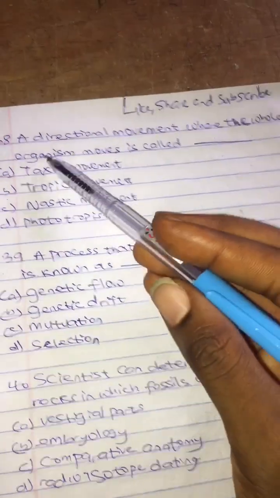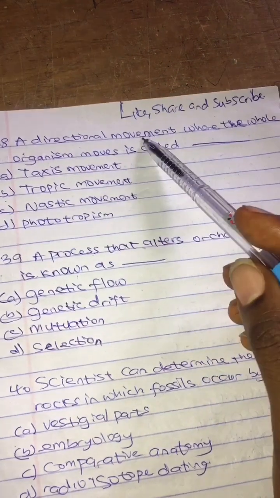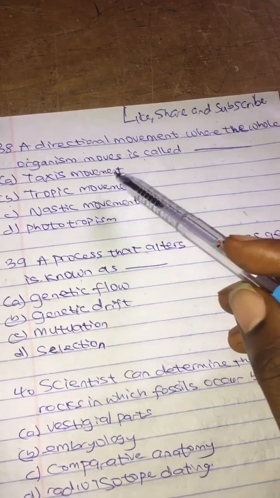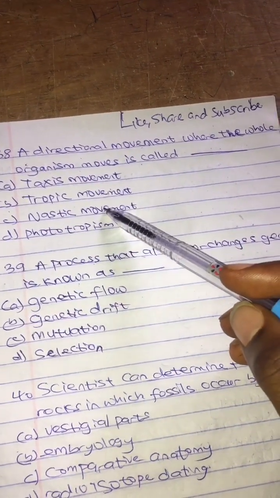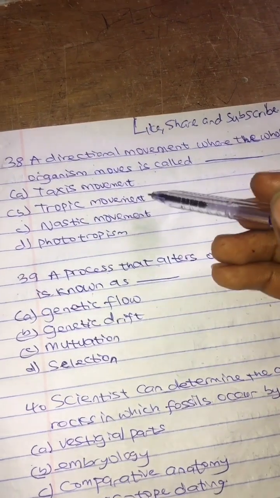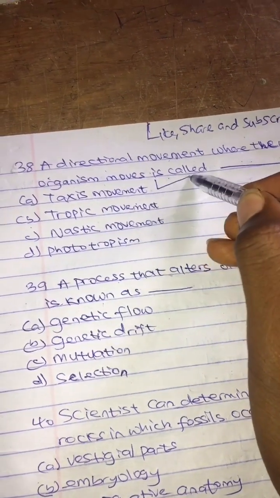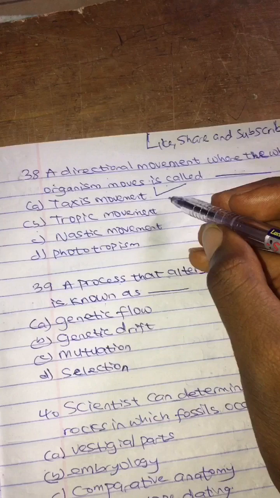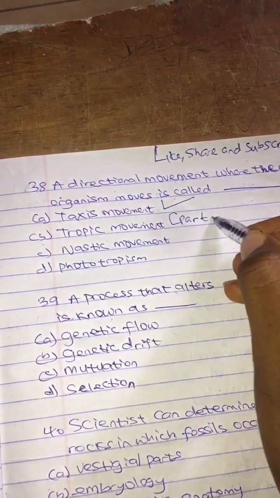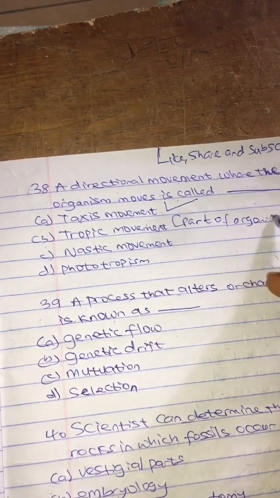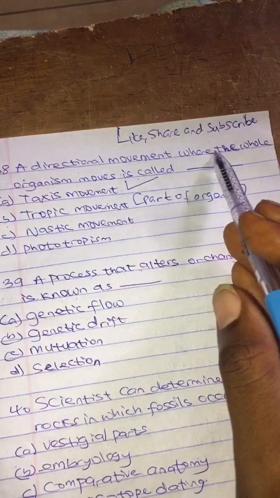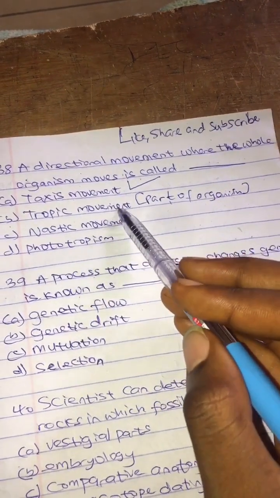Question 38. A directional movement where the whole organism moves is called dash. Taxis movement, tropic movement, nastic movement, and phototropism. The correct answer here is taxis movement. Tropic movement is the process where part of an organism moves. If we want to define tropic movement, we will say a directional movement where part of the organism moves is called tropic movement.